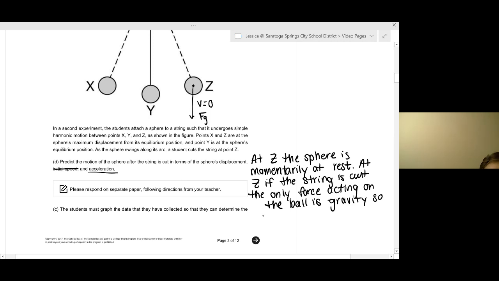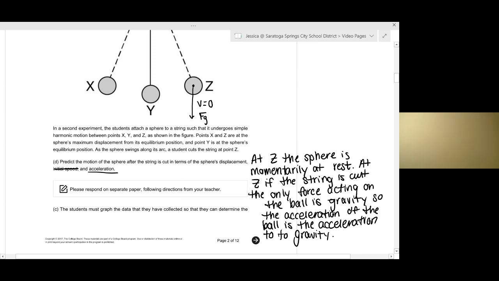So the acceleration of the ball is the acceleration due to gravity.